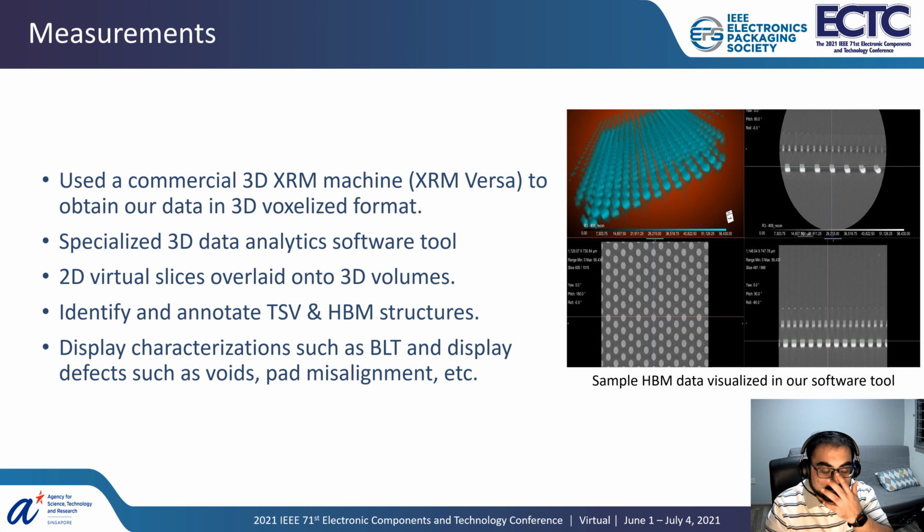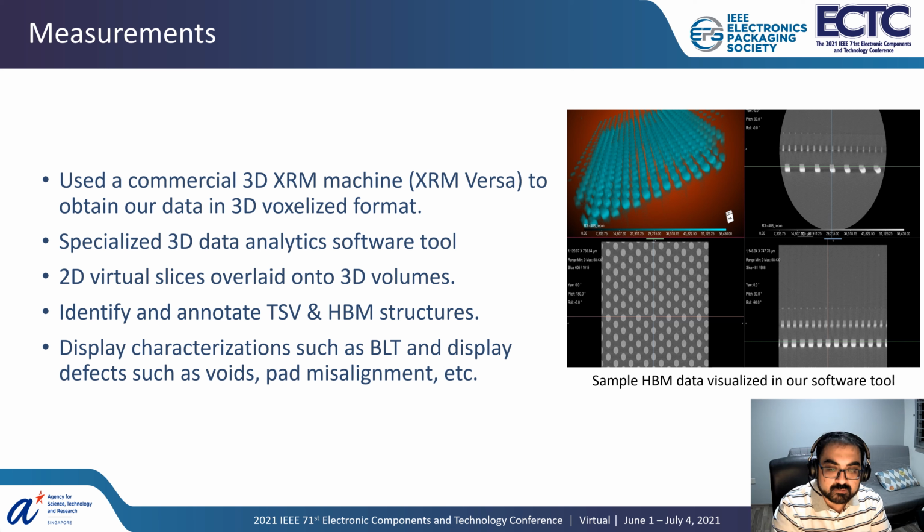So once we have fabricated the data, the next step is how to measure it. For that, we use a commercial 3D XRM machine tool called XRM Versa to obtain our data in 3D voxelized format. A specialized 3D analytics software tool is used for this particular work.